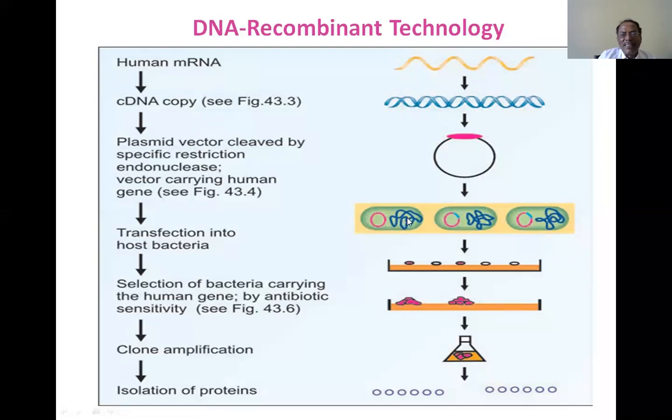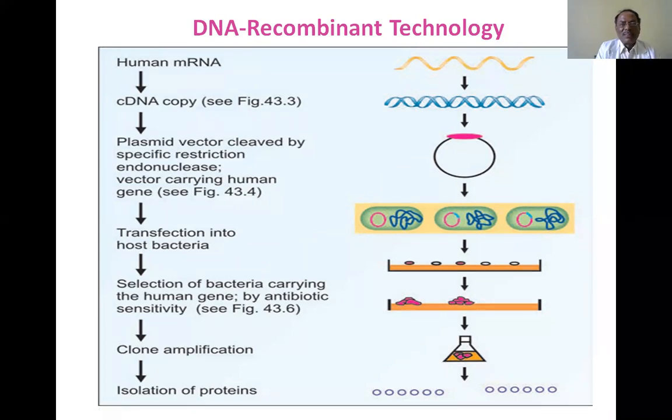The host bacteria divide and grow, and some of them have the functional human gene. The functional ones are cloned and produced in large concentrations. They are grown again and again, producing the proteins, which are purified and separated to get the insulin. This is the recombinant insulin, or recombinant protein, and that protein can be used for other purposes.